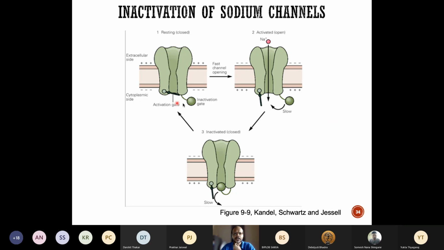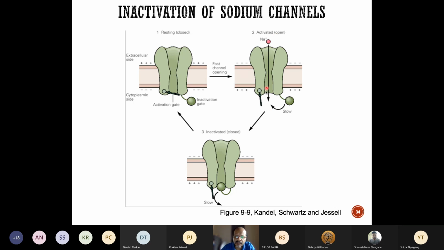But this is the sodium ion channel. It has two types of gates, the activation gate and an inactivation gate. When the membrane is depolarized, so the inside is positive and outside is negative, this activation gate opens, and sodium starts coming in. But this ball-like thing will come and eventually get plugged here. This happens even if you hold the membrane potential at the depolarized state. This will always happen.